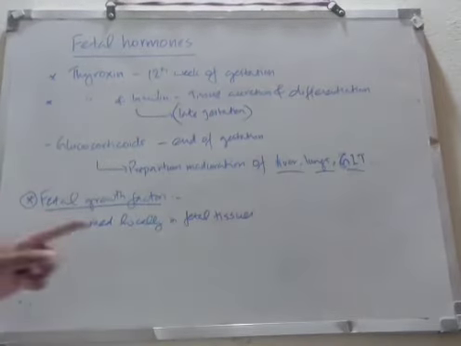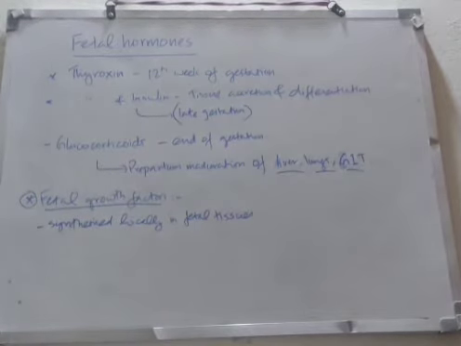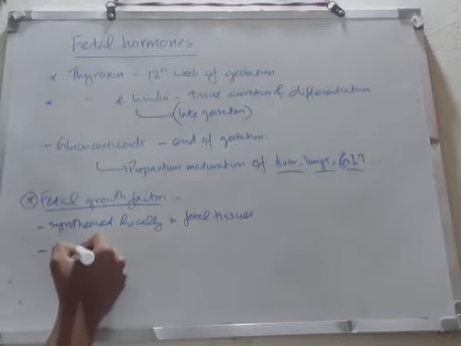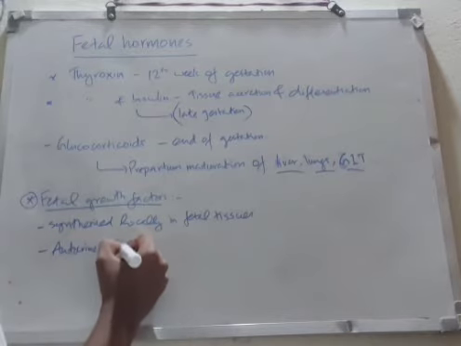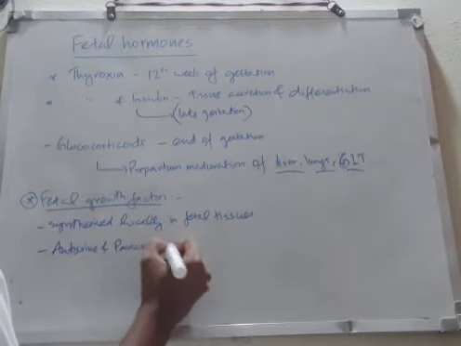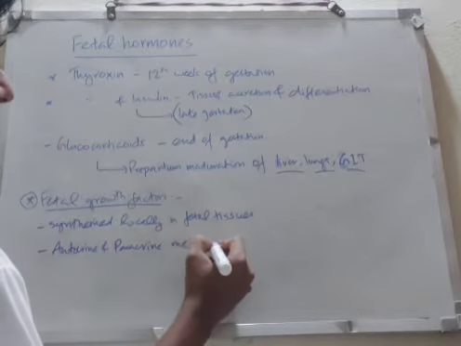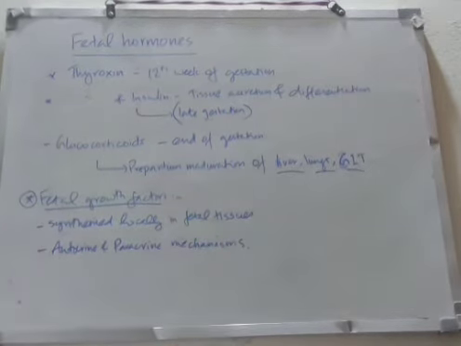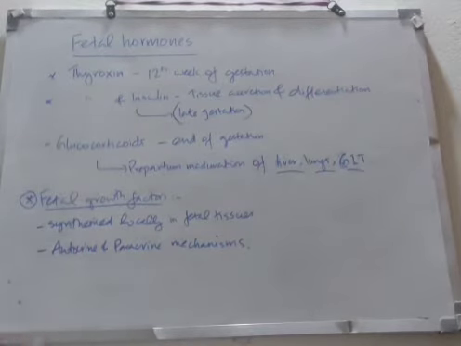These fetal growth factors, synthesized locally in fetal tissues, act principally by autocrine and paracrine mechanisms, and their prime effect is on cell division.